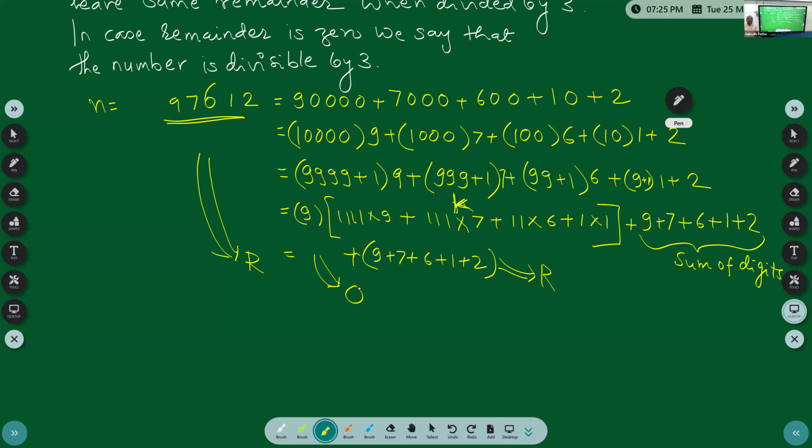Eventually, it will leave the remainder. This will be applicable for 9 also. Because this number is 9, the divisibility test of 9 is exactly the same. The remainder left by the number and the sum of the digits of the number are the same. Simple.